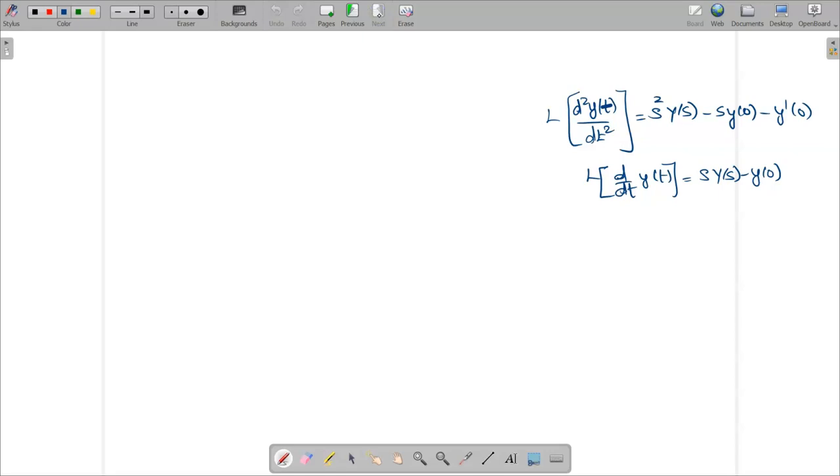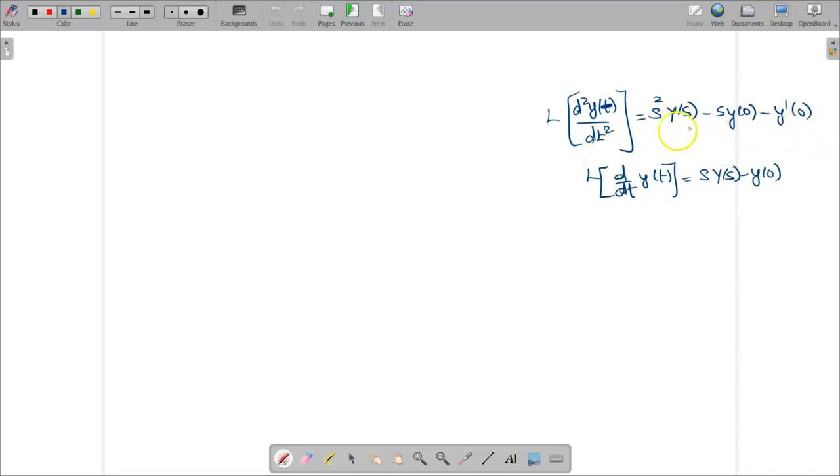Generally, the Laplace transformation of d square y of t by dt square is, since we have d square by dt square, the first term is s square y of s minus, reduce your power, s times the first initial condition y of 0, minus the next initial condition y dash of 0.